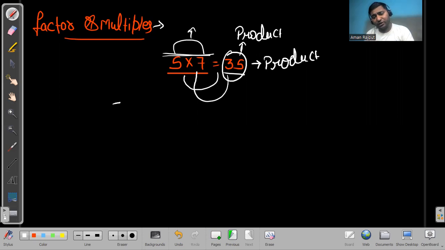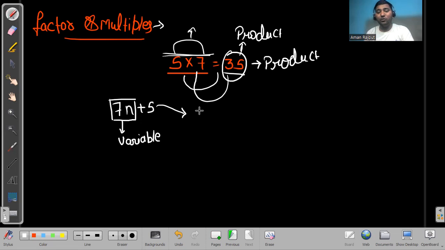Let's try to understand this with 7n plus 5. In this, there is a value which can change, so it is known as the variable. But there is a term which cannot change its value, and it is known as the constant.